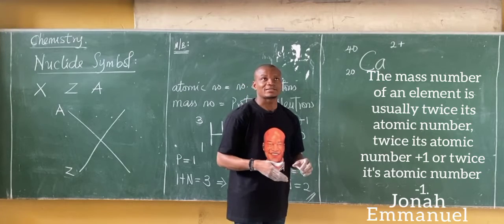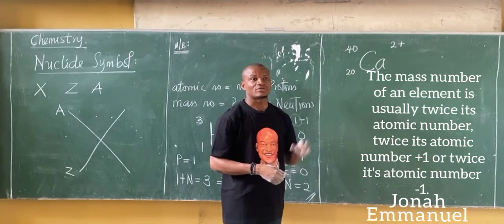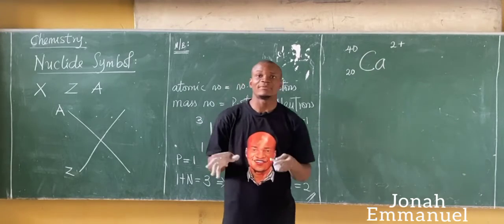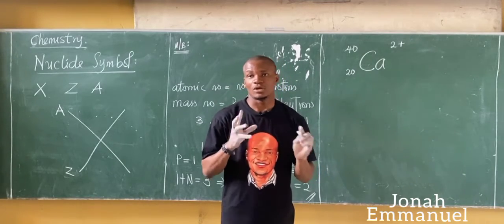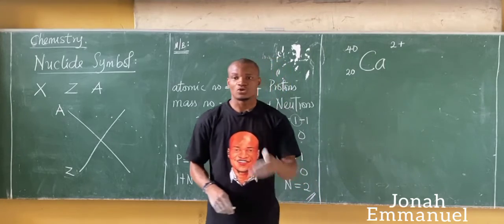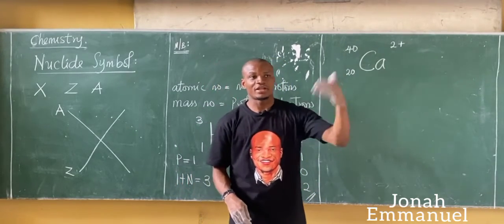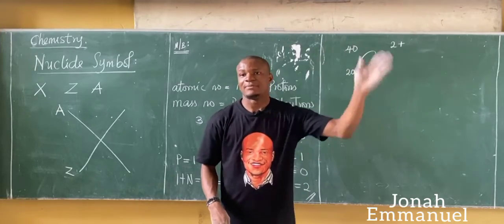There are elements that have plus 1, and then 2 times atomic number minus 1. For the rest, just take 2 times atomic number to give you a good range, right? So you go check your lab chemistry. Check, you see a table that contains all the elements and their mass numbers.